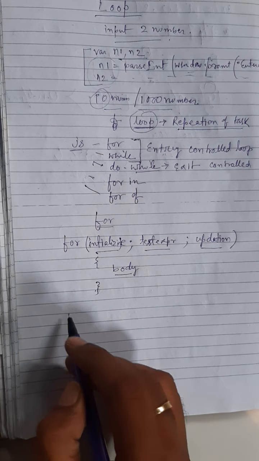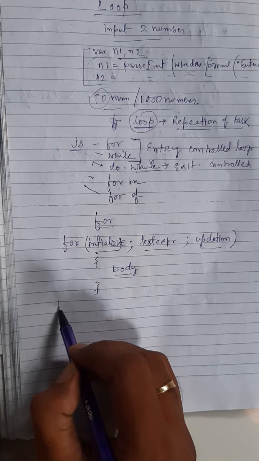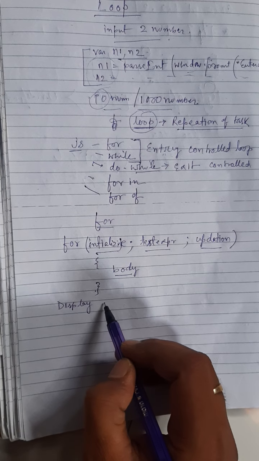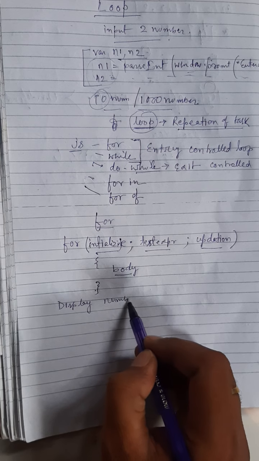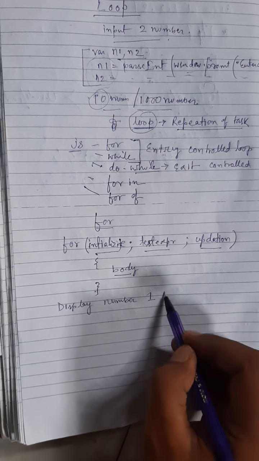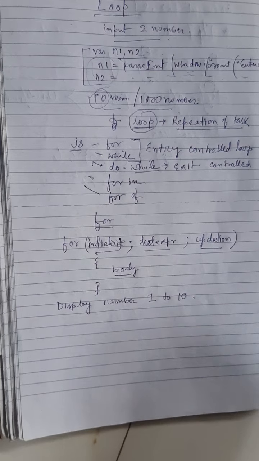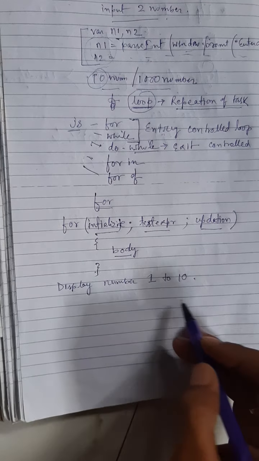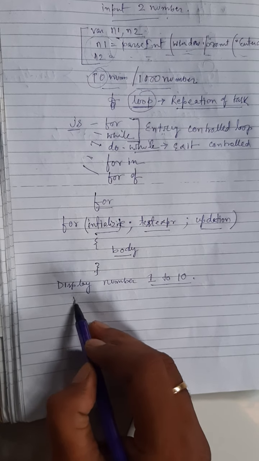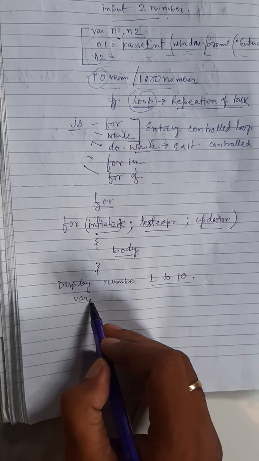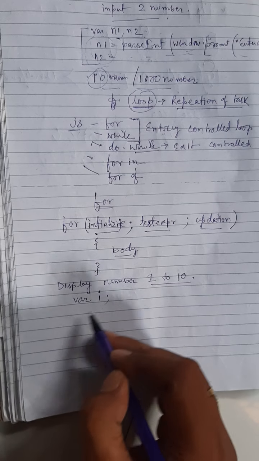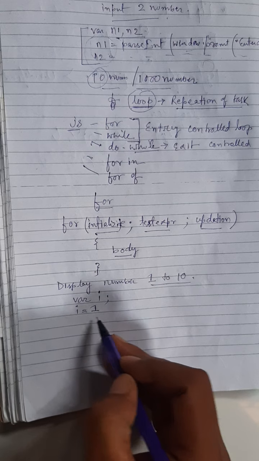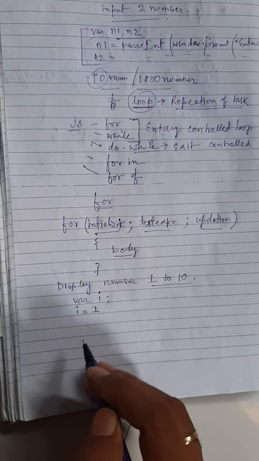We'll see the first example. Suppose we want to display natural numbers from 1 to 10. How can we do this using the loop? First we'll take one variable i, then initialize i with 1, that means this is the start value, i equals 1.